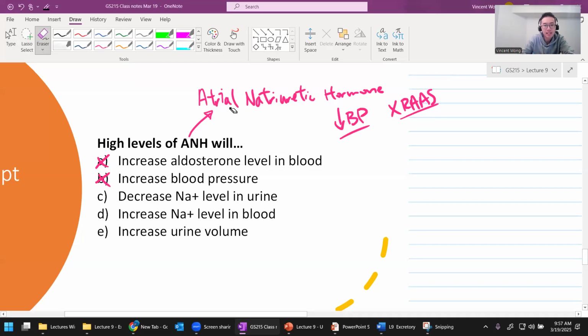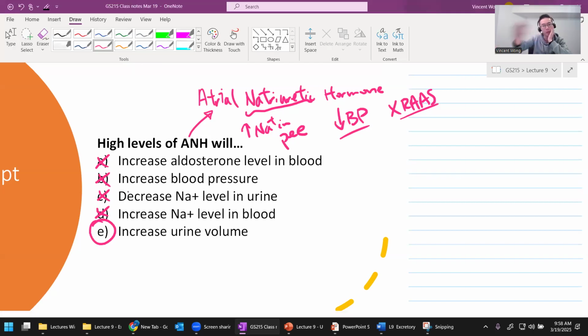Well, the name says natriuretic, right? So you increase sodium in pee. That's what it means. So that's a no-no. Increase sodium in blood. Nope, we're putting the sodium out of the blood. Answer is increase urine volume. You put the sodium in the pee, water will follow, you pee more. All right?